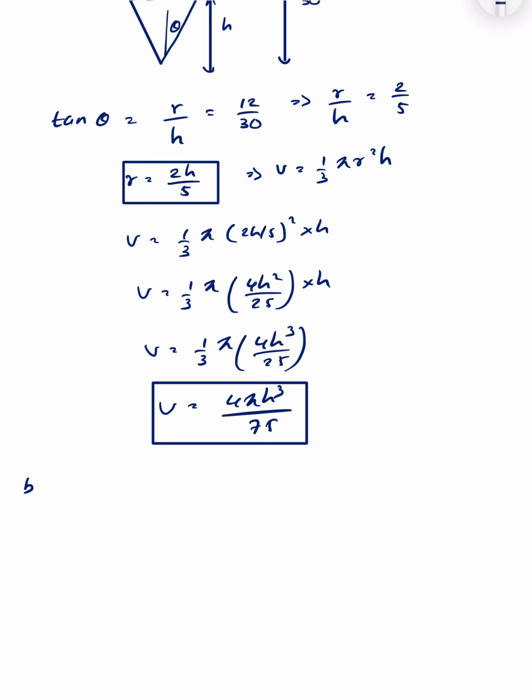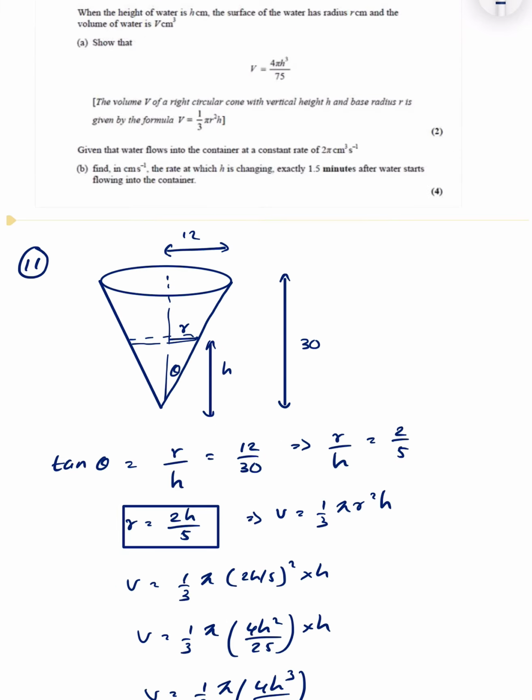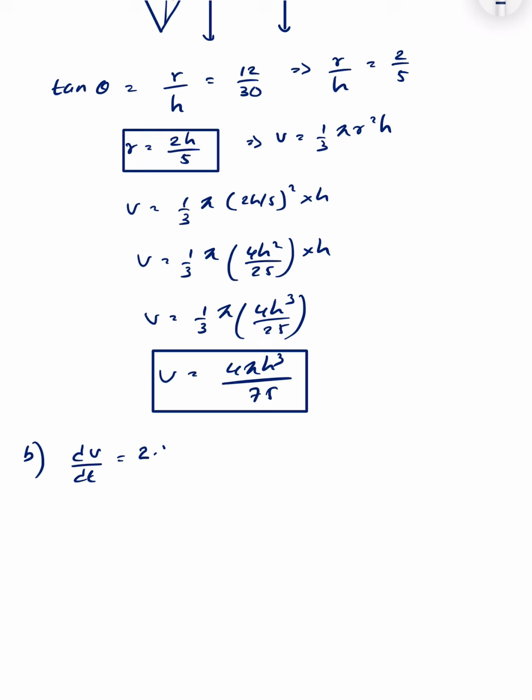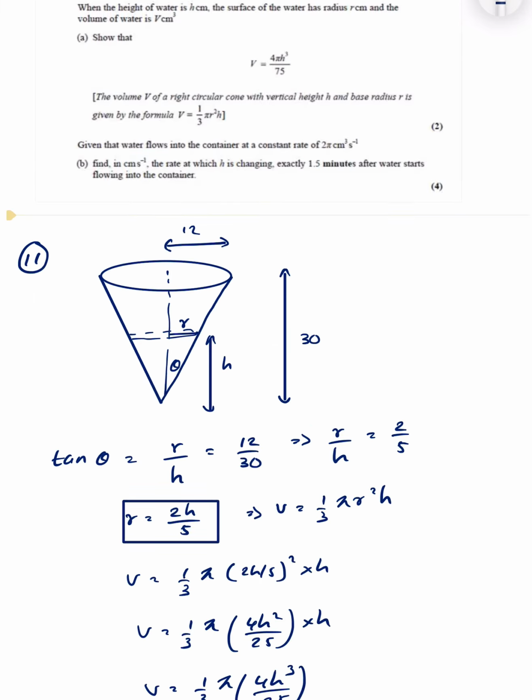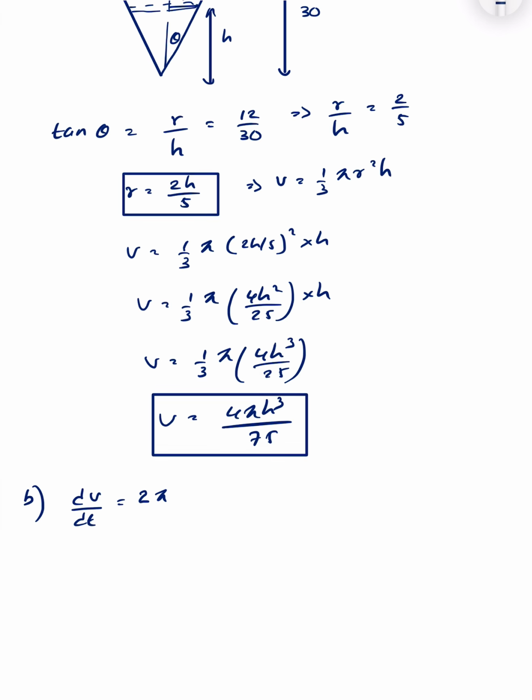So they tell you that dv by dt is 2 pi. dv by dh should be 4 pi over 75 times 3h square. So which means 4 pi h square over 25. That's dv by dh.